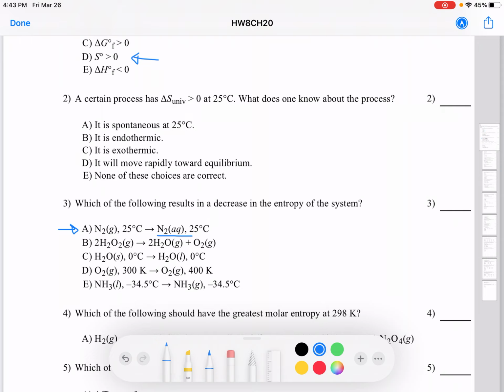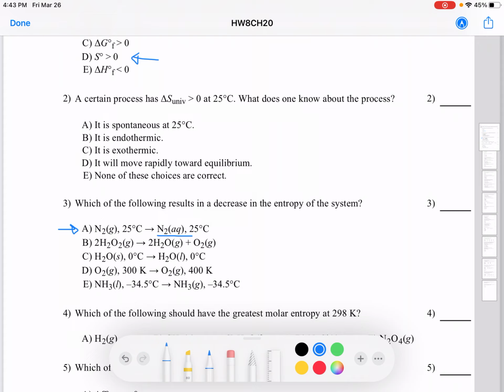Is the entropy increasing or decreasing? Entropy decreases because as a gas, nitrogen particles are very far apart, and once you dissolve it in water, they become close to each other. So the first one is correct.